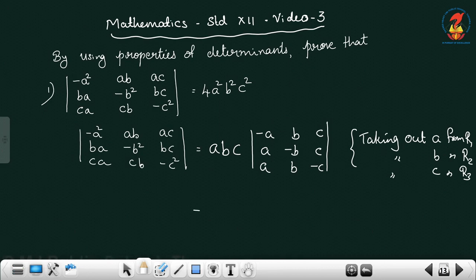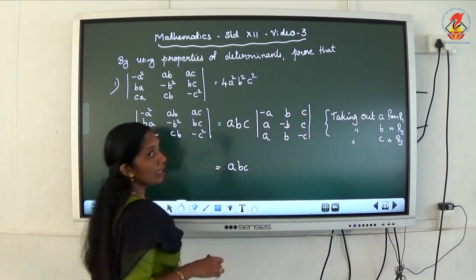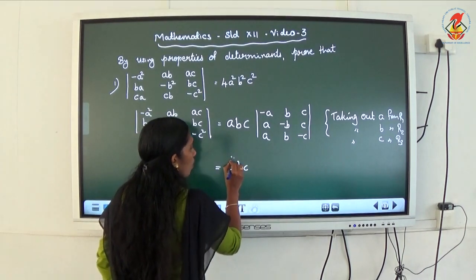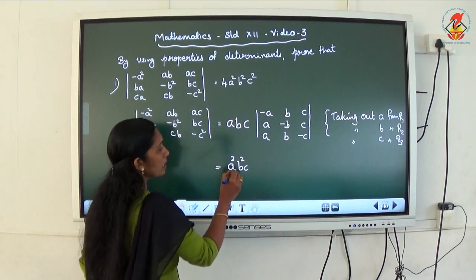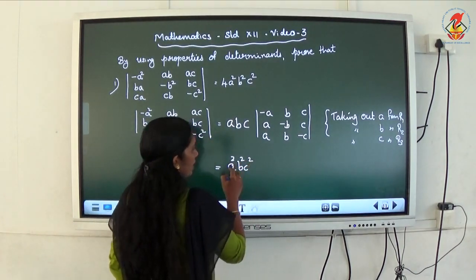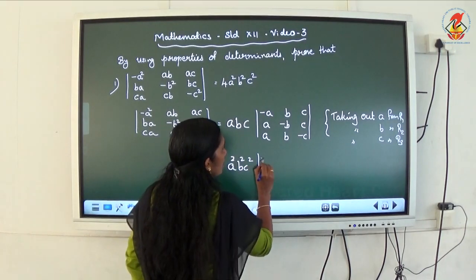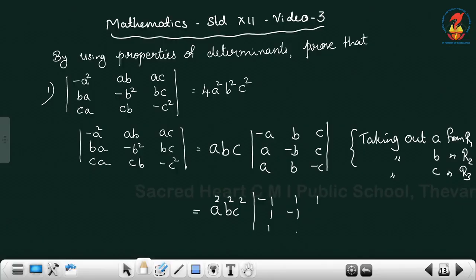Now again you check, a is common in the first column, b in the second column, c in the third column. So taking out a from first column, b from second column, c from third column, we get a², b², c². Then the determinant [-1, 1, 1; 1, -1, 1; 1, 1, -1].